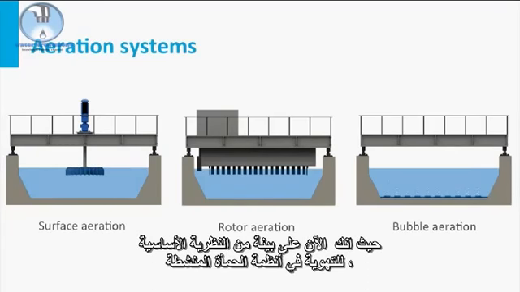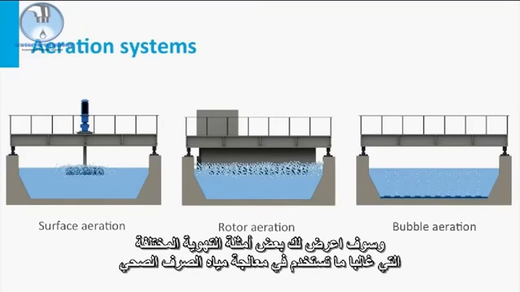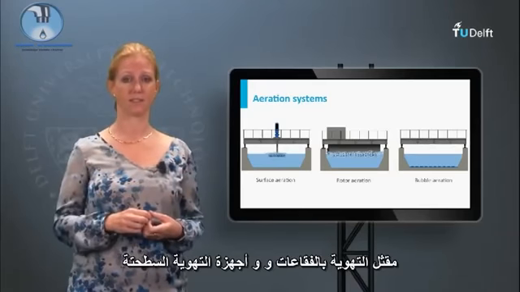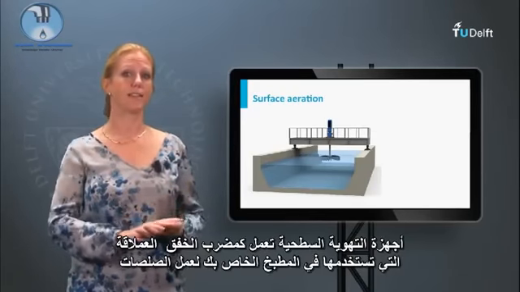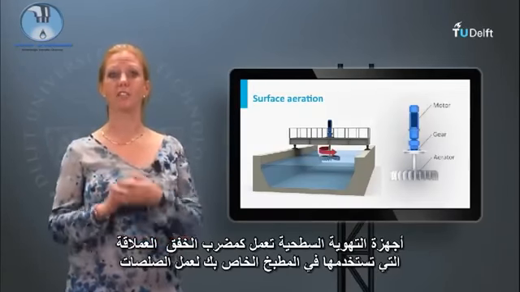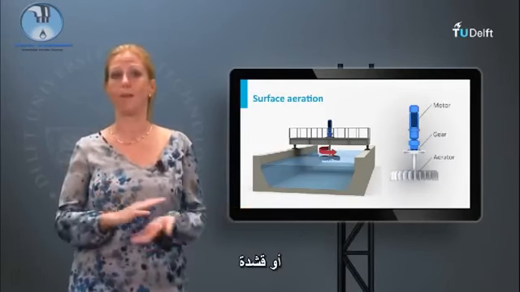Since you are now aware of the basic theory on aeration of activated sludge systems, I will show you some examples of different aerators that are often used in sewage treatment, as bubble aeration and surface aerators. Surface aerators function as giant whisks that you used in your kitchen to make sauces or whipped cream.